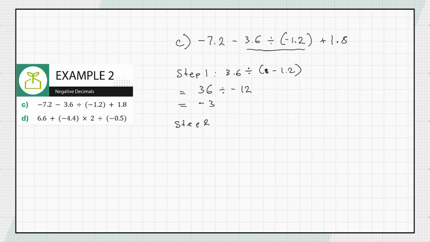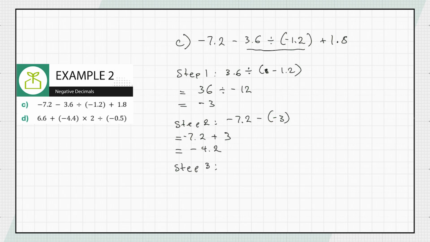Step 2. Minus 7.2 minus our negative 3. So that's the same as minus 7.2 plus 3, which is just going to be minus 4.2.